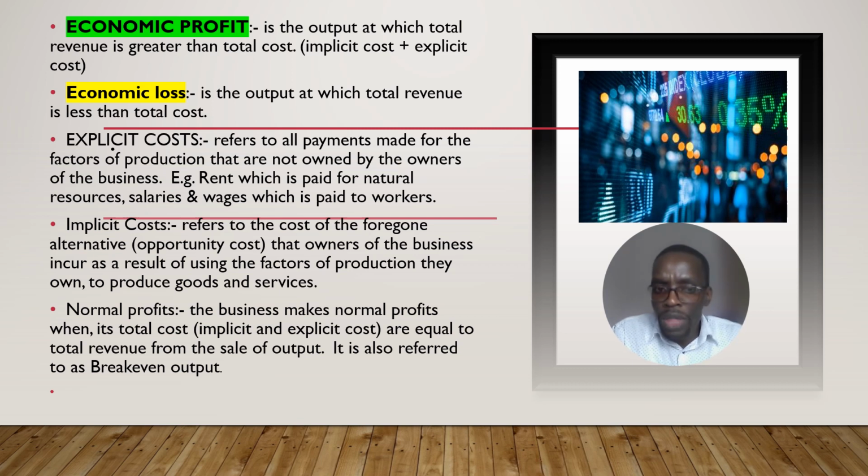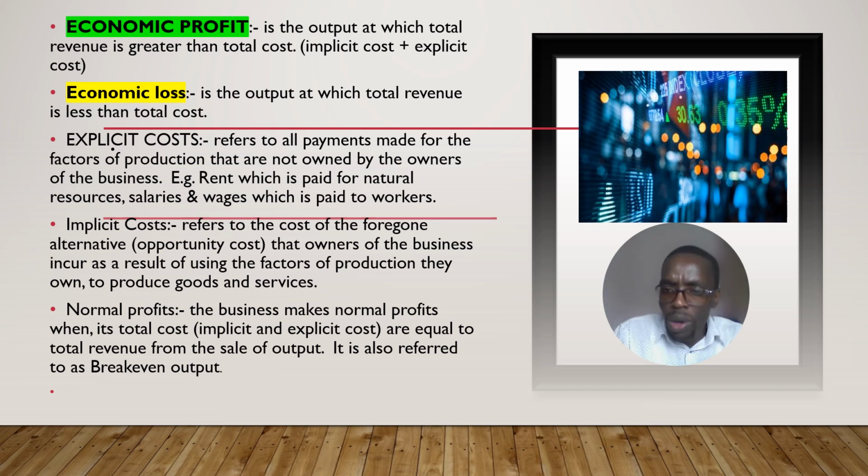When we talk of the implicit cost, we are saying this refers to the cost of the foregone alternative. In other words, these are costs related to the opportunity cost that owners of a business incur as a result of using the factors of production they own to produce goods and services.